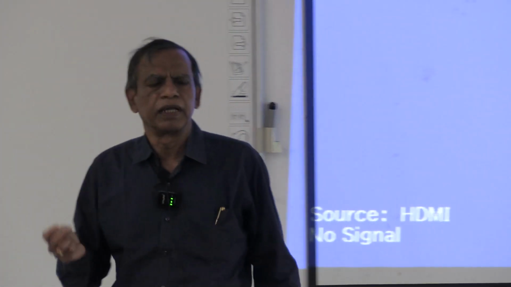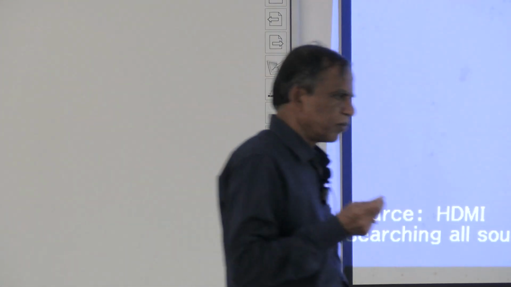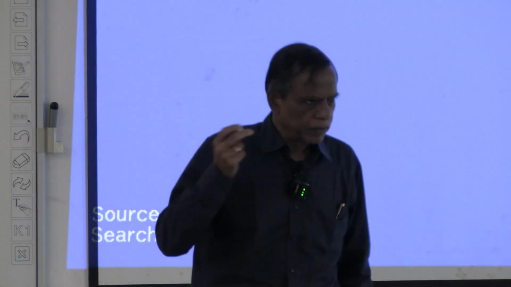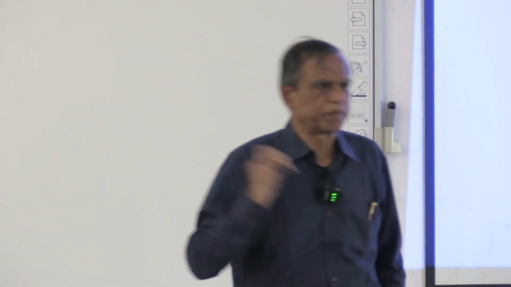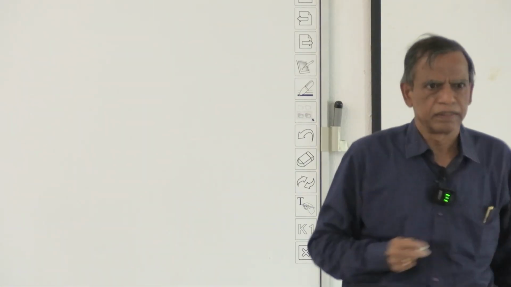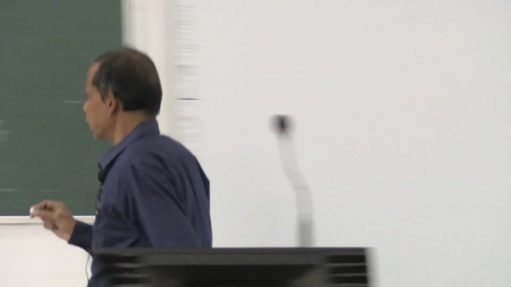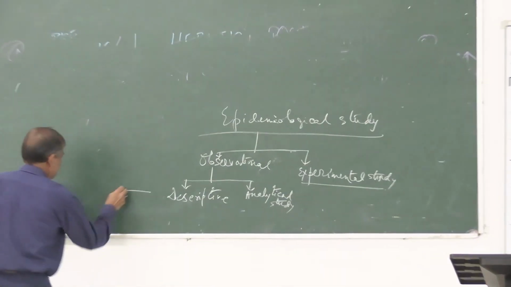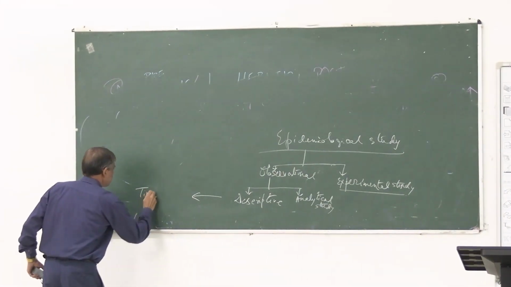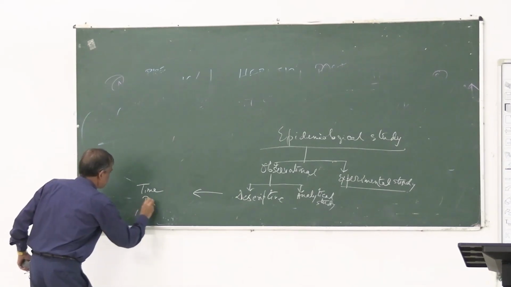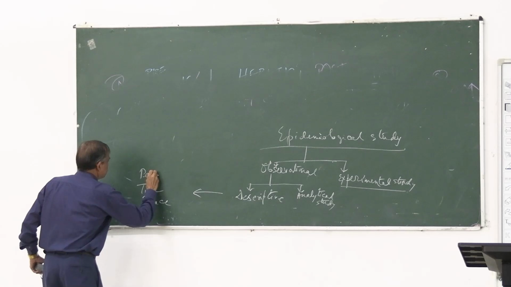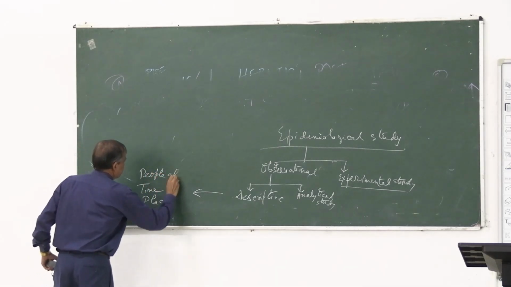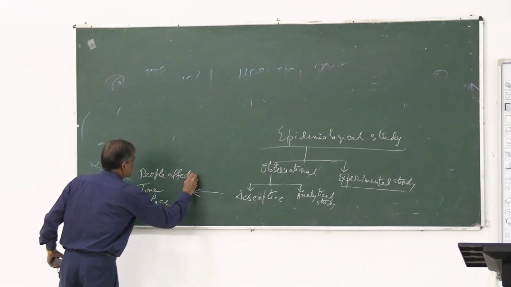So, we describe the disease in terms of time, place, and persons affected. Time, place, person. In descriptive study, mainly we concentrate on time of occurrence, place of occurrence, and people affected. Who are the affected persons?